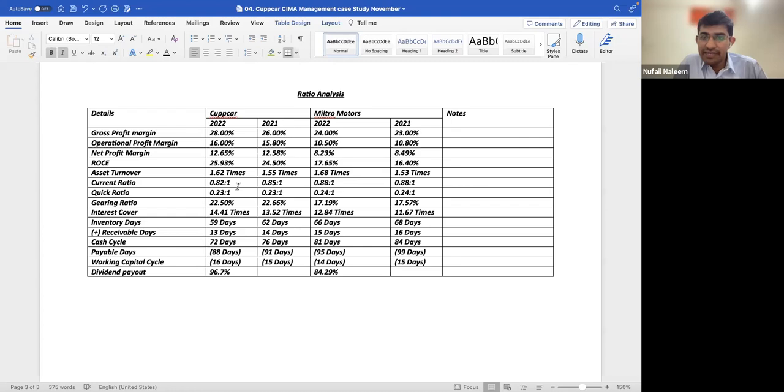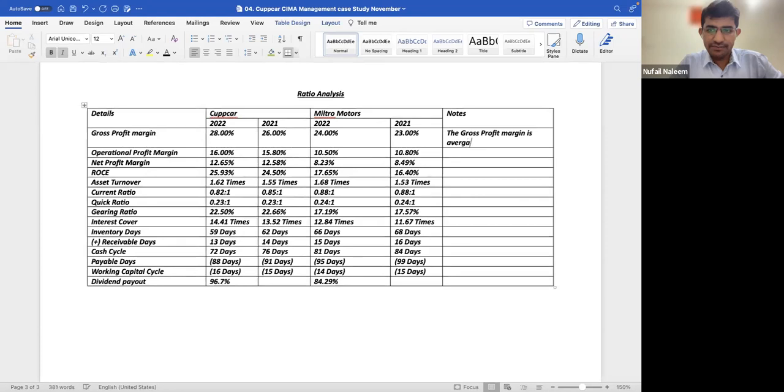Can that be also an analysis? Of course. But is that correct? That's a question. The reason is we don't have additional data. So students, let's analyze this. The gross profit margin, look at the language I'm using. The gross profit margin is average.